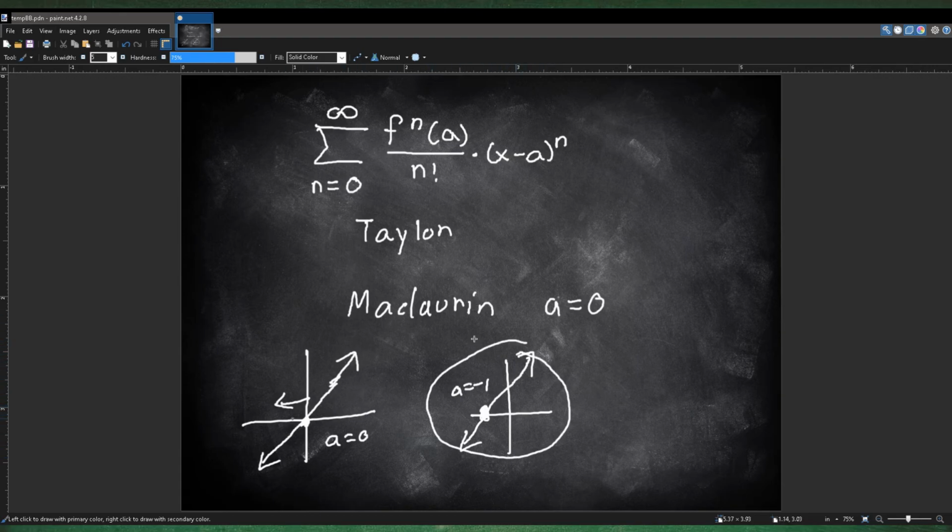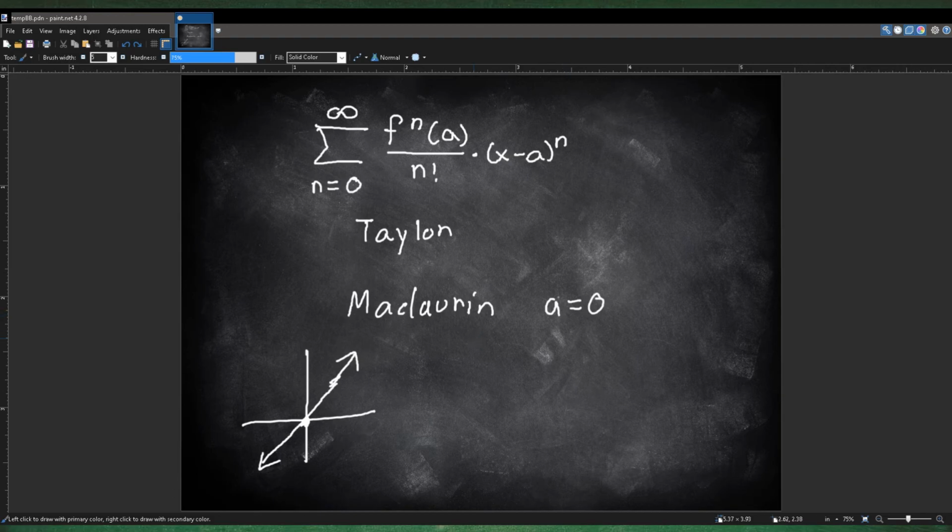So we move this entire equation to the left by 1, move all these points over, and then our new equation matches that graph. So that's the idea of where we're going to center our graph, and that's why we have an A inside here, because we don't always want to put the center at 0. If it's specifically at 0, then we have a Maclaurin.